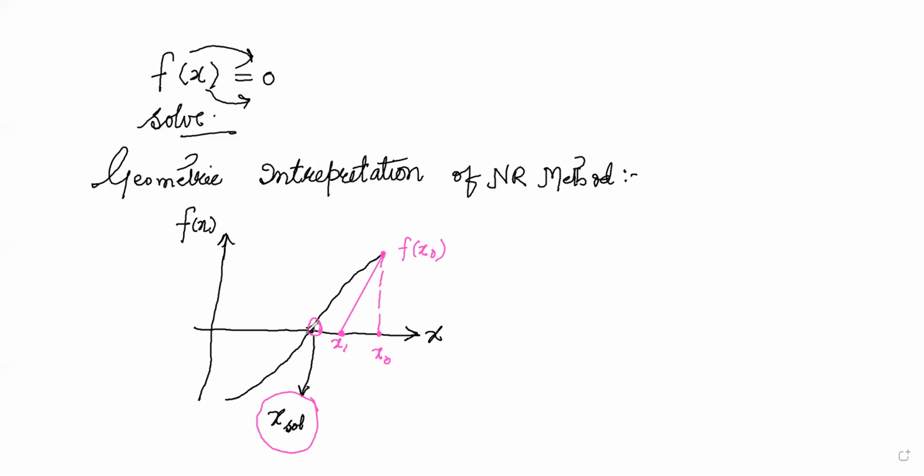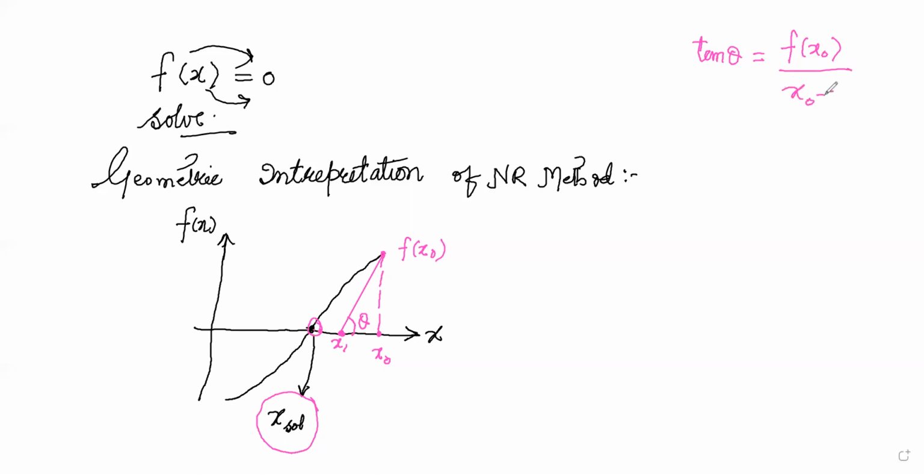Now if you look at the first tangent that we have drawn, it intersects our x-axis at x1. If this angle is theta, we can write tan of theta is equal to the perpendicular, that is f of x naught, divided by the base, that is x naught minus x1.